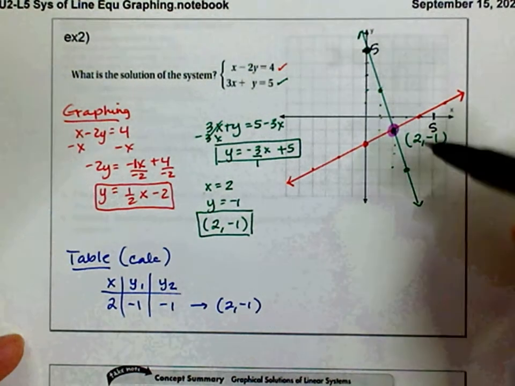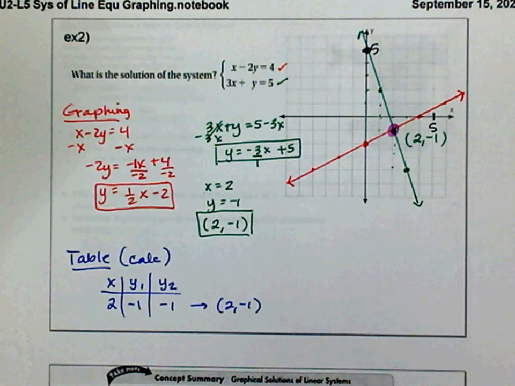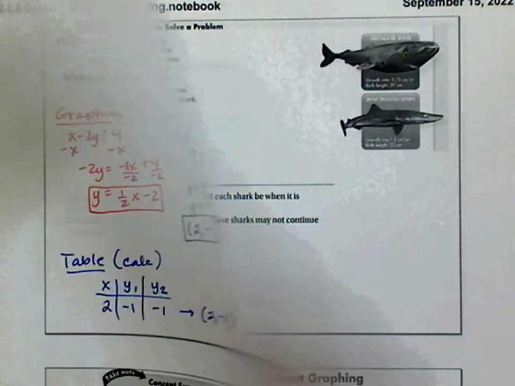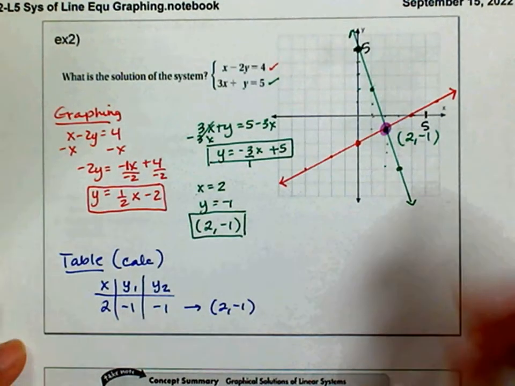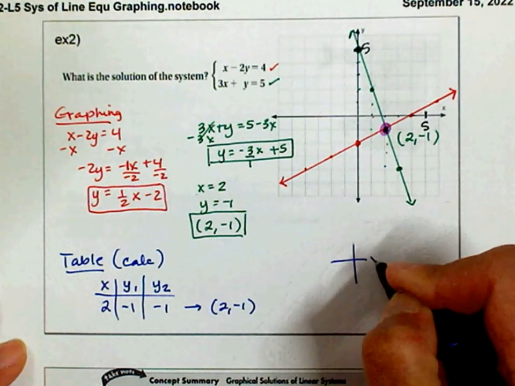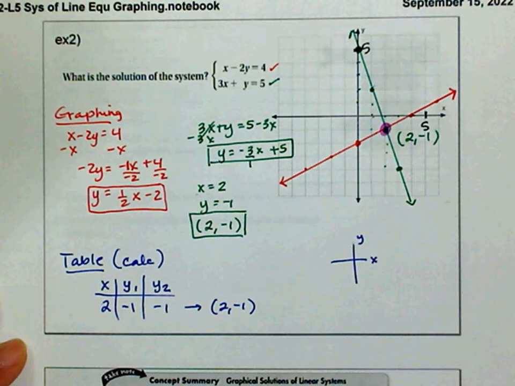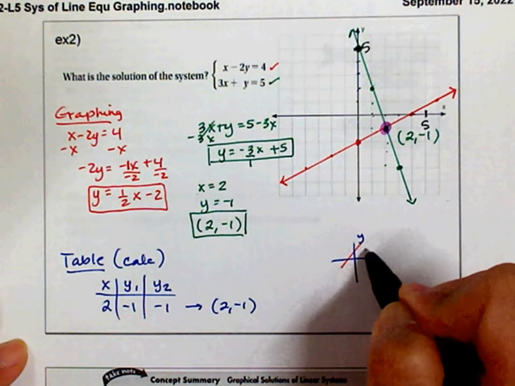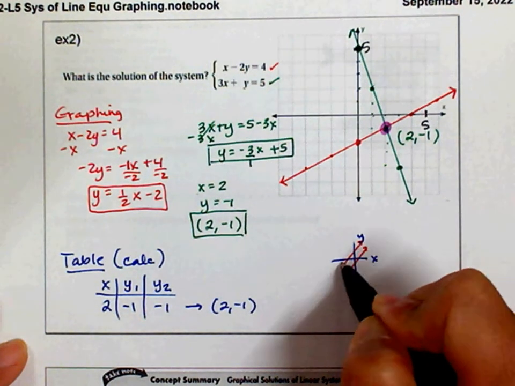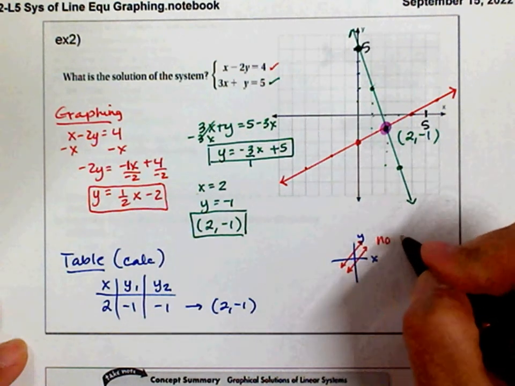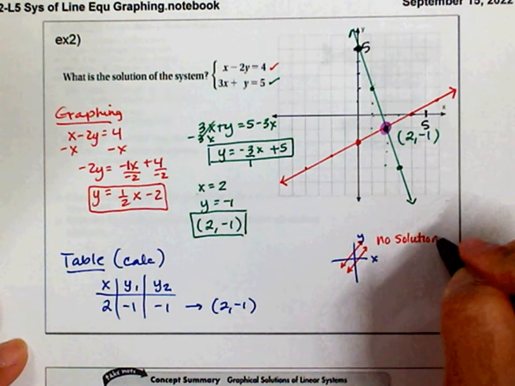All right. So now, some things I also want to point out is when you are graphing, I can't remember if I put this on the example, if your lines are parallel, okay, you will have no solution because they never cross. Just keep that in mind, all right?